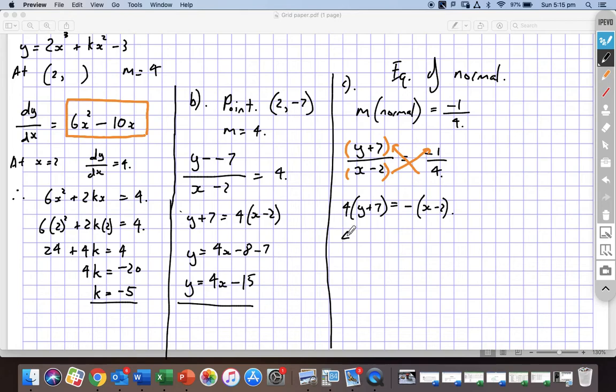We'd have 4y plus 28 equals minus x plus 2. We could say x plus 4y equals minus 26, and that's how the book will write the equation of the normal in this instance.